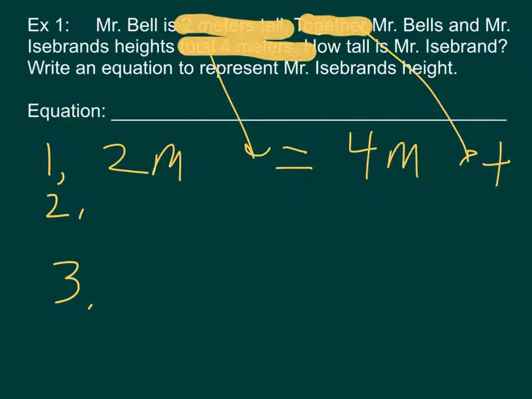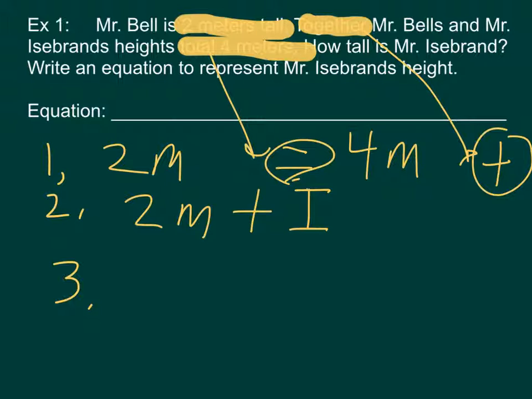So let's write out our equation, number 2 here. Mr. Bell is 2 meters tall. Then we have this addition sign, plus however tall Mr. Eisenbrand is. I'm just going to use the letter I to represent Mr. Eisenbrand. And we know that that equals 4 meters.